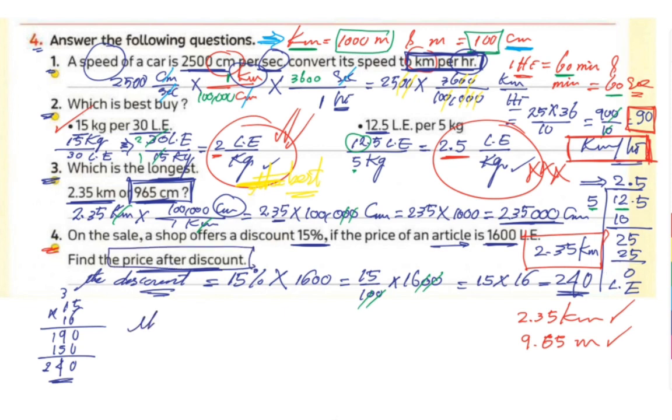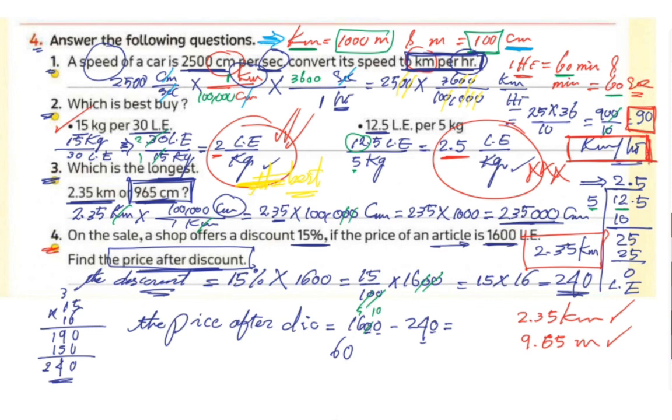So the price after discount will be the total price minus the discount price. Now I need to subtract. 0 minus 0, that's 0. 0 minus 4, make it 10 and 5. 10 minus 4, that's 6.